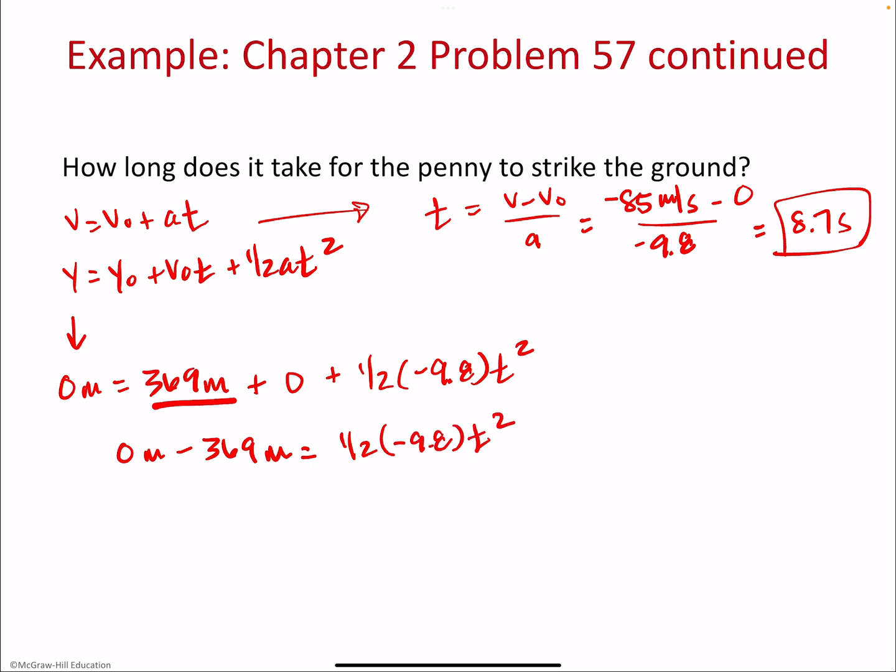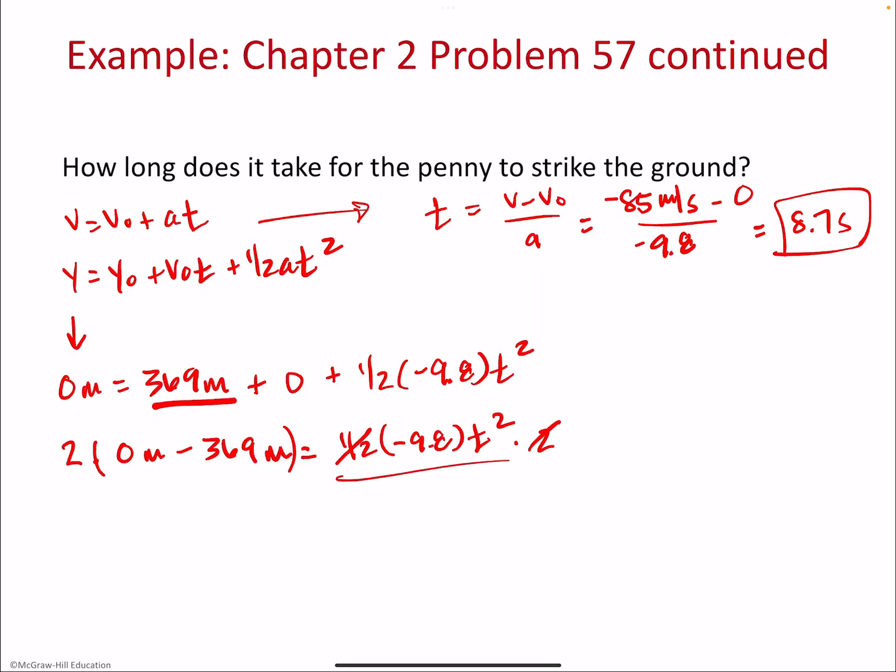So you could go ahead and divide by 1/2 times negative 9.8, or whenever there's a half, I tend to always do 2 times. If there was a third, what would you multiply it by? 3. Okay, so just since it's 1/2, it's multiplied by 2. So that gets rid of that.